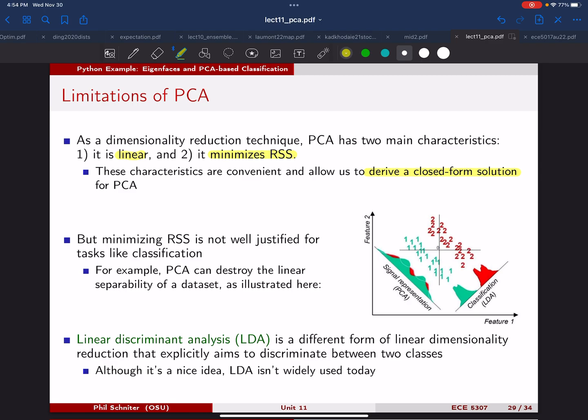If you tried to do something nonlinear or you tried to be more clever than use RSS, it's much more complicated and you probably cannot derive a closed form expression. Maybe you can train a network or do something like that, but you can't derive something in closed form. So that's the nice thing about PCA. It's very straightforward, it's very simple, but it's not always the right thing to use. So let me show you one nice example.